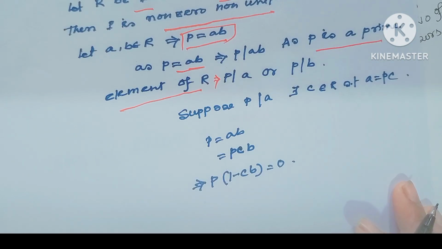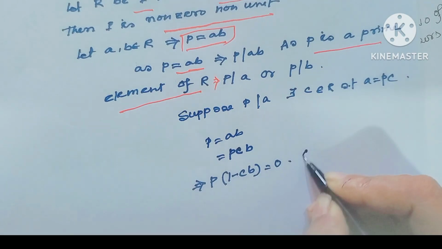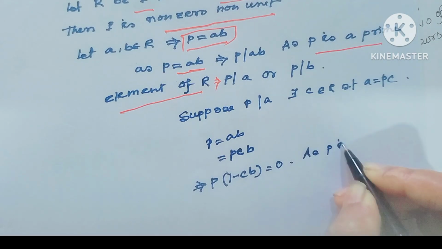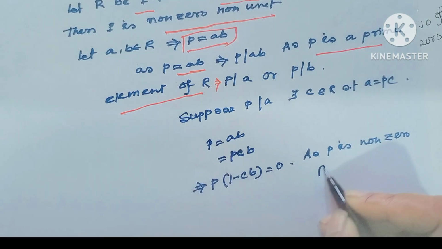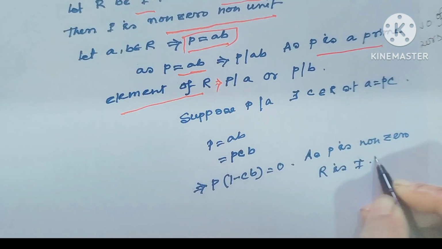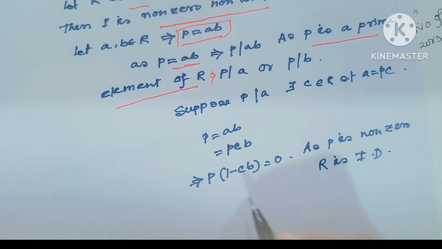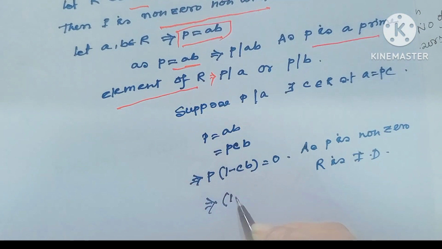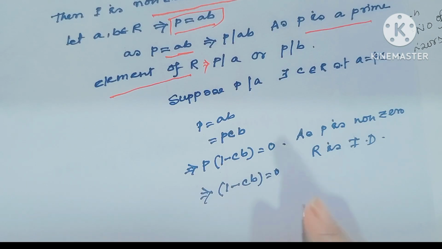As p is non-zero and R is an integral domain, 1 minus cb equals 0, so cb equals 1, which equals bc.